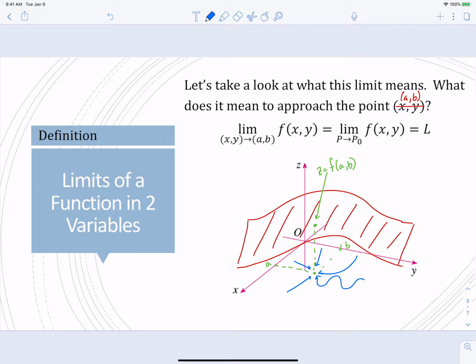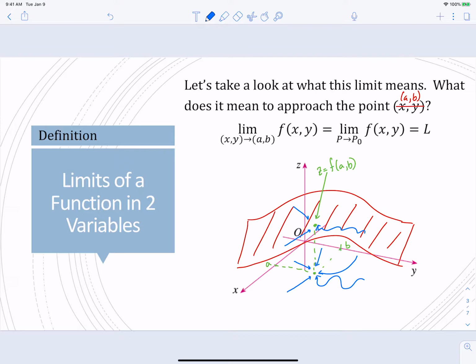There are an infinite number of paths that we could use to approach that point. So that's going to make this a little bit tougher when we're thinking about whether this limit exists, because we're thinking about it on that surface. We're coming at it from that way, the squiggly path along our surface. So it can be any of those paths.